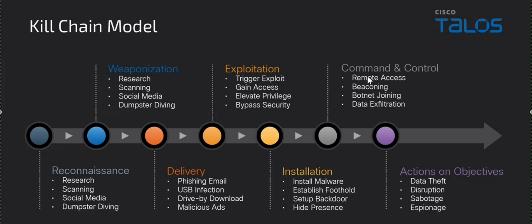And the remaining ones, installation, command and control, and action on objectives, will not happen, because these three stages, reconnaissance, weaponization and delivery, are done for the sake of initial access. And if the victim doesn't open the file, deletes the email, moves it into spam, or reports it, this operation doesn't make any sense.